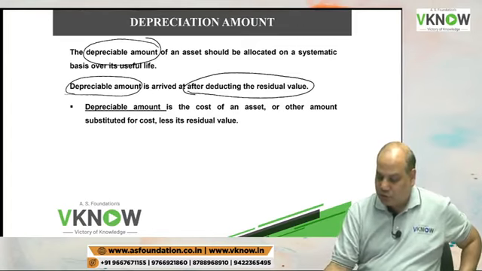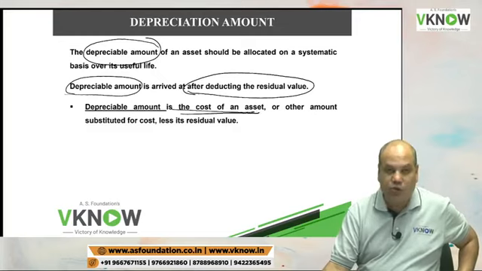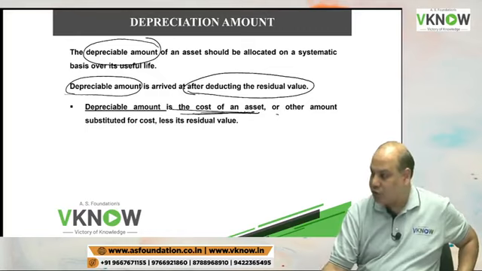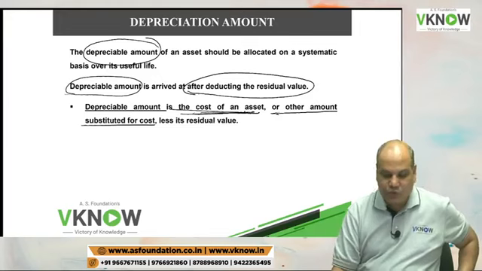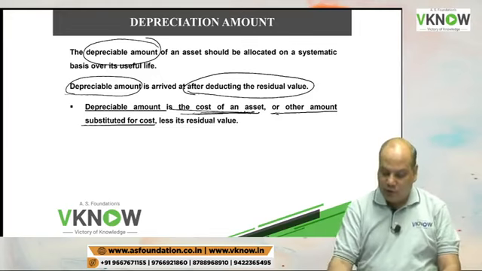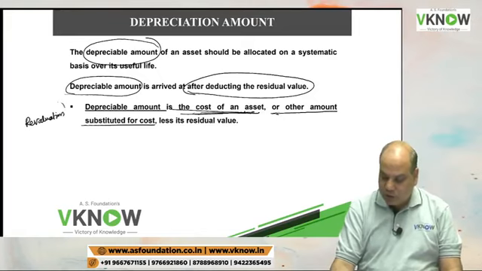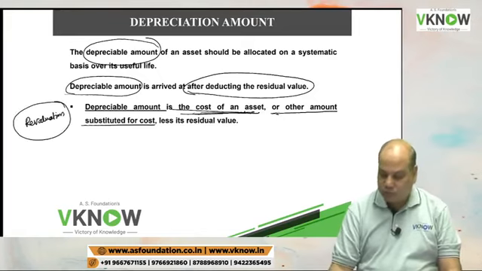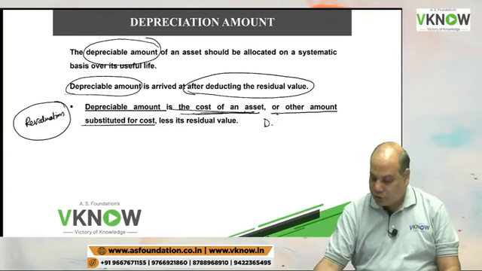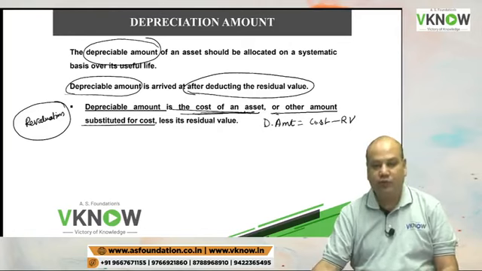Sometimes it may be cost, or sometimes any other amount substituted for cost, like, for example, in case of revaluation, we will take the revalued amount. So the formula is depreciable amount equals cost minus residual value.